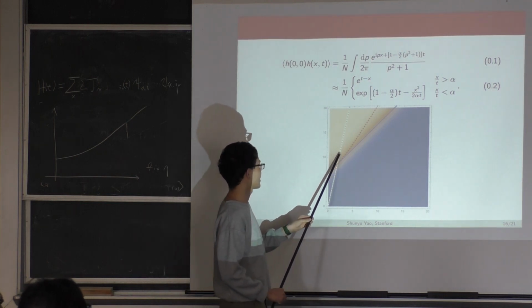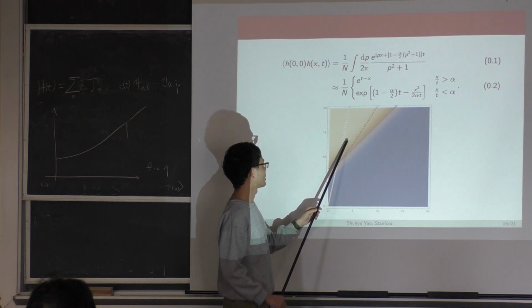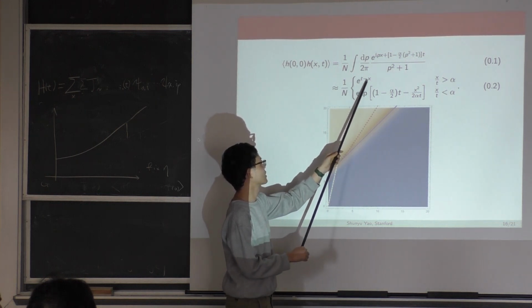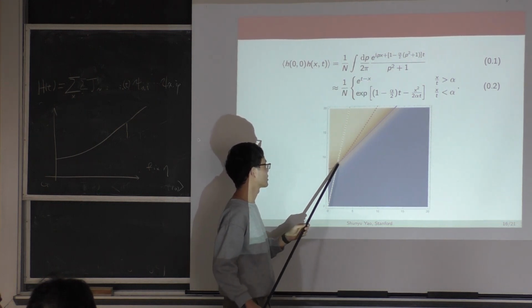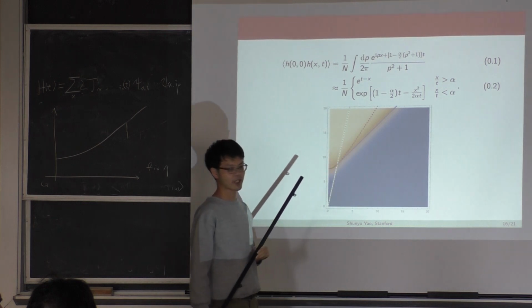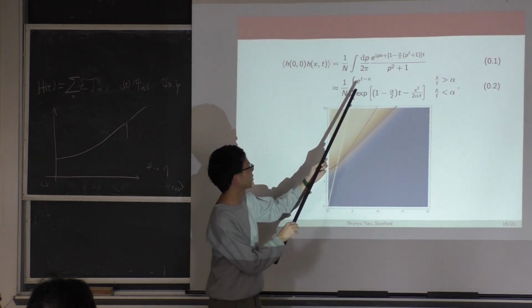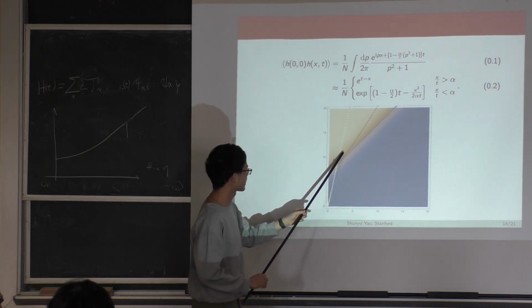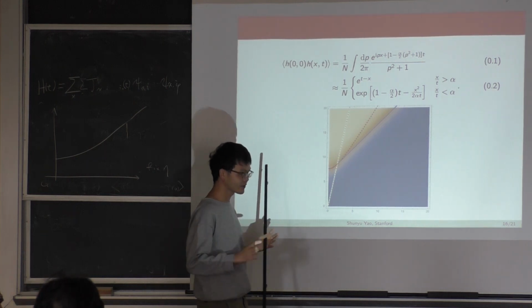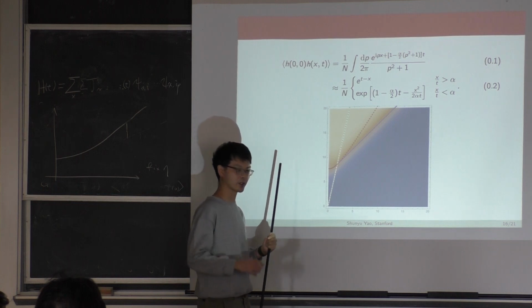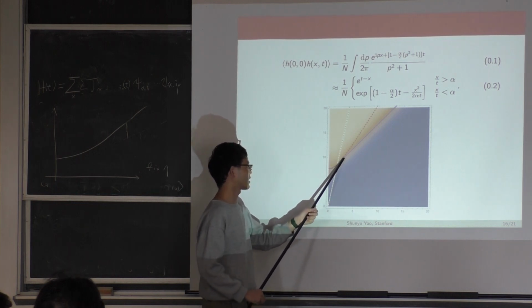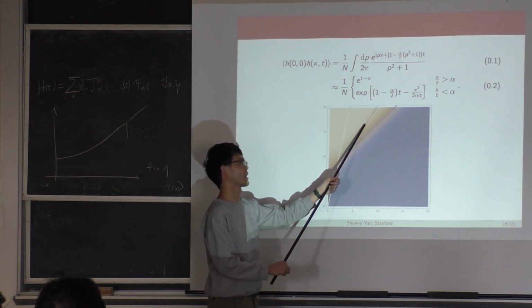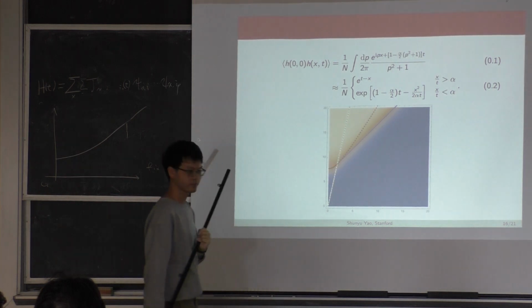When you live outside this white line, you're dominated by that expression here, so this blue solid line is the butterfly cone given by that. And this red dotted line just means that if you forget about this pole, then outside of the region, the butterfly cone would be given by that line.